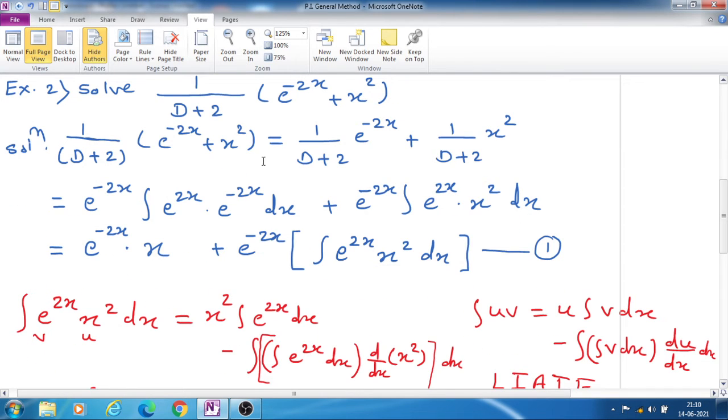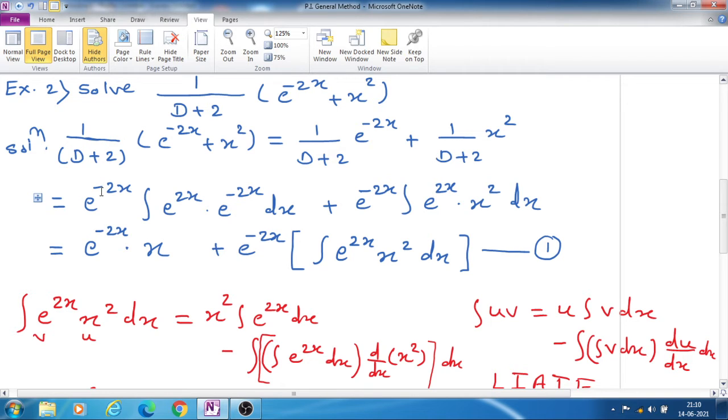For the first term we use the formula 1 upon D plus a into capital X. When there is D plus a, we write e raised to minus ax outside. When there is D minus a, we write e raised to plus ax outside.